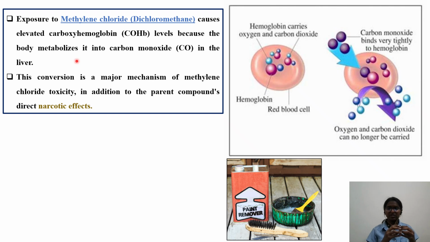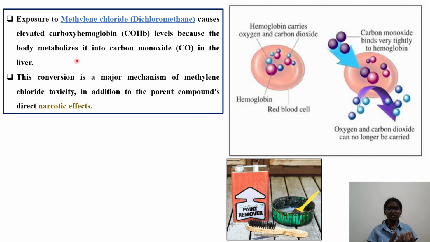Methylene chloride is metabolized to carbon monoxide, which is highly toxic. It binds with hemoglobin and forms a complex, carboxyhemoglobin. An important thing to learn is that if there is hemoglobin, carbon monoxide and oxygen in your body, hemoglobin has about 200 times more affinity towards carbon monoxide than oxygen.